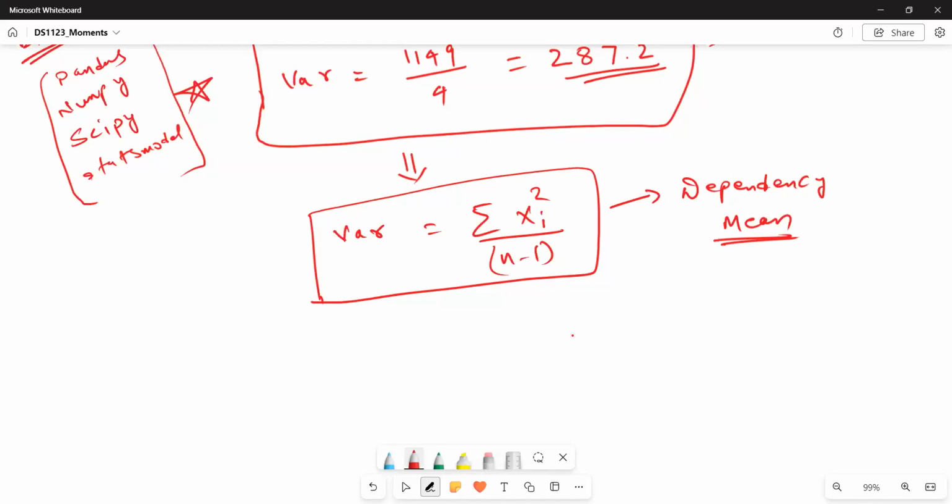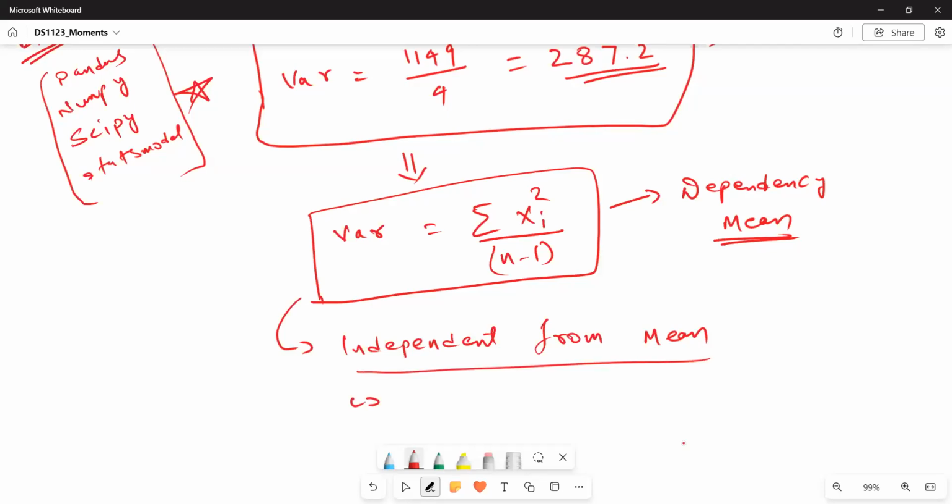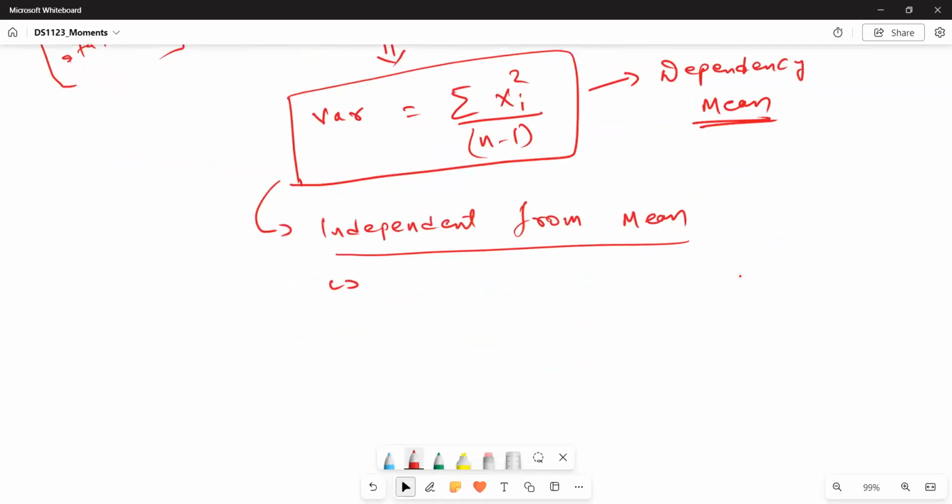This can be done by shifting the reference point. We'll simply shift the point of reference.